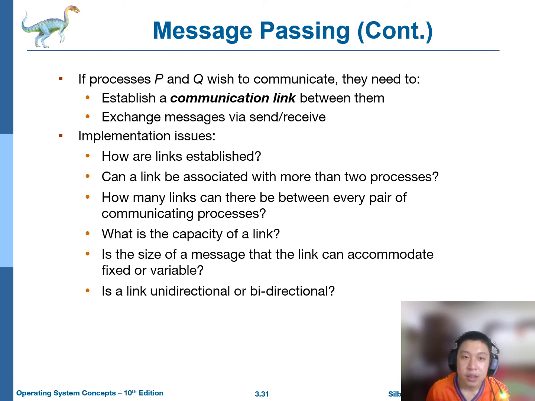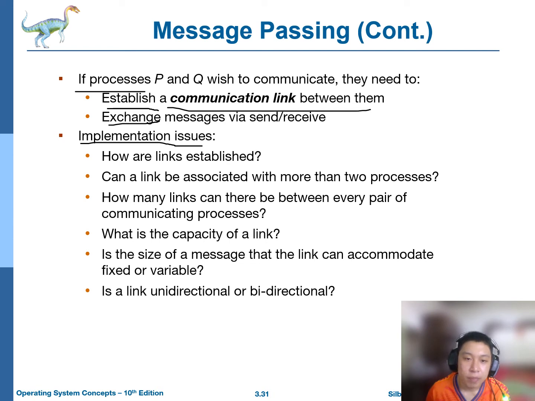In message passing, if processes P and Q wish to communicate, they need to establish a communication link between them and exchange messages via send and receive. Implementation questions include how a link can be established, and whether a link can be associated with more than two processes.